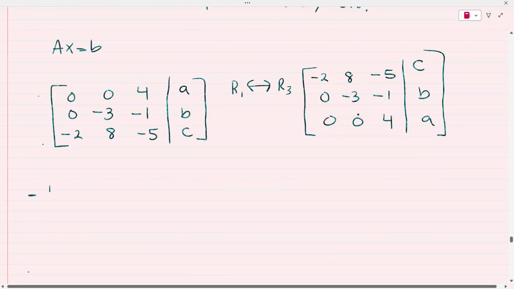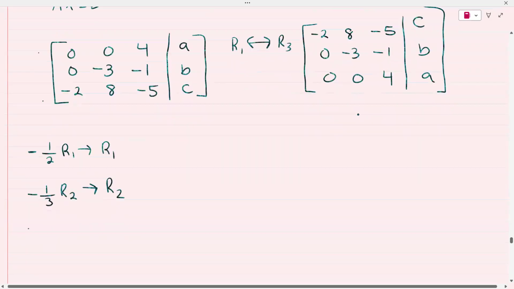So you could say -1/2 row 1 gives you row 1. And then -1/3 row 2 gives you row 2, and then 1/4 row 3 gives you new row 3.